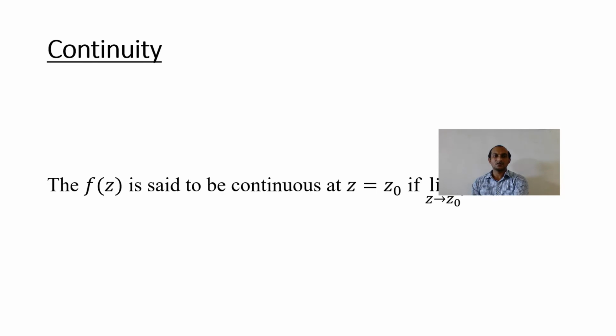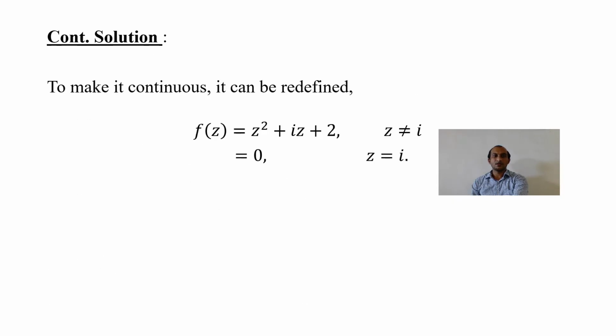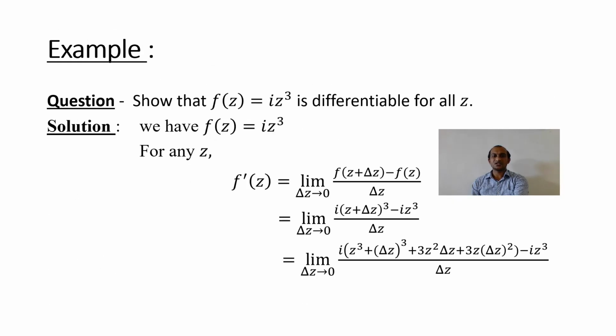Now look at that. Here iz cube minus iz cube cancels. Now in all terms delta z exists, so divide by delta z and then apply the limit.